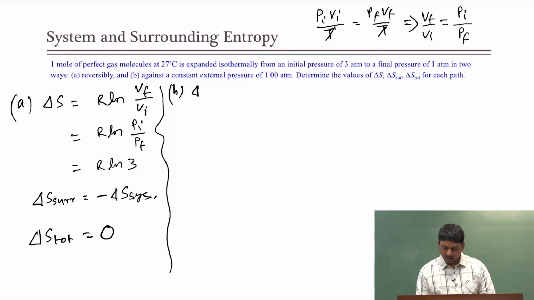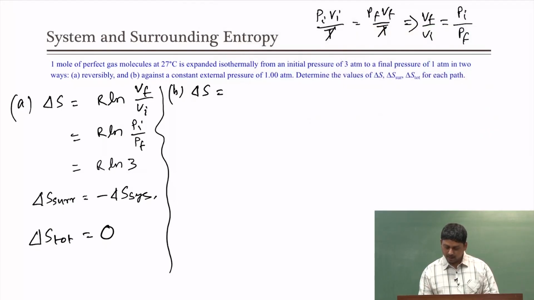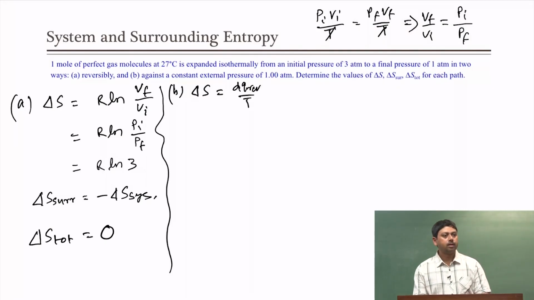So, now in that case, how do we calculate the system entropy? It is an isothermal process, remember temperature is not changing. So, we know that dS is dq by T, dq reversible by T. So, what is dq reversible here?